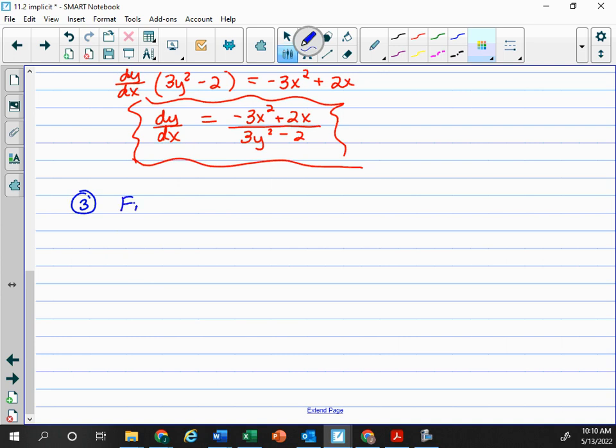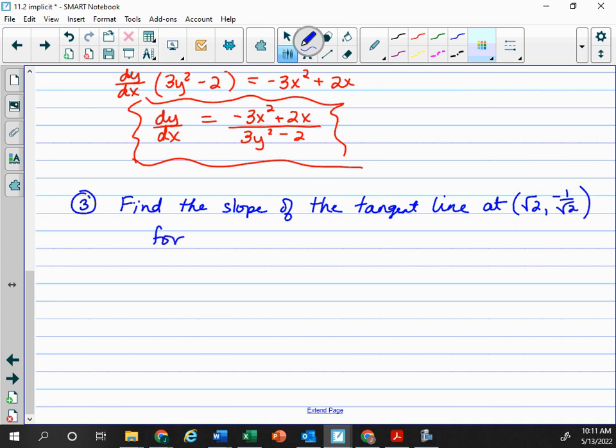All right, find the slope of the tangent line at root 2, negative 1 over root 2, for x squared plus 4y squared equals 4.